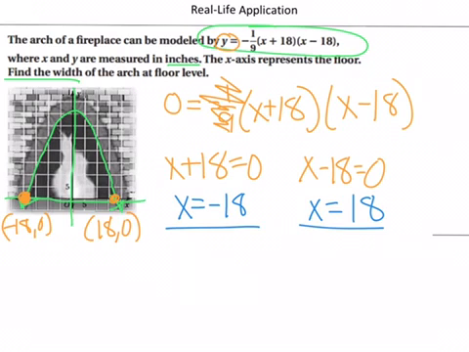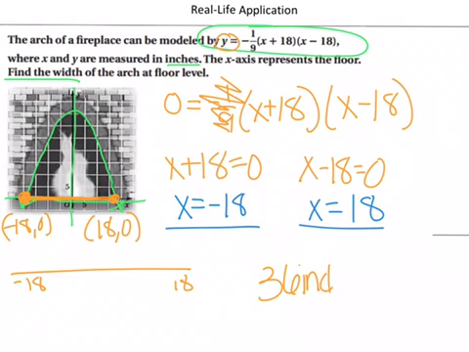They want us to find the width of this whole entire area. That means we have to find the distance. So from negative 18 to positive 18, we need to find the difference. If we multiply 18 by 2, that's how we find that, and we end up getting 36 inches as the width of this arch.